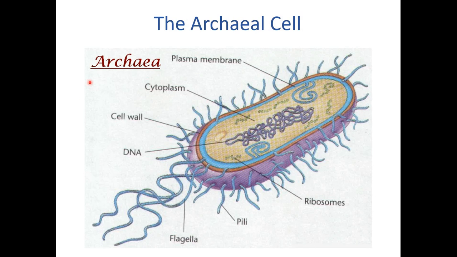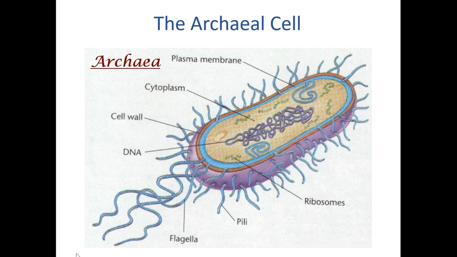When we look at the archaeal cell, they look quite a bit like bacteria, and this is why they were initially classified in the same kingdom as bacteria. They have the cell wall like bacteria. It's different from bacteria, but looks pretty similar. They can have flagella or pili like bacteria. Bacteria and archaea both have what's called the 70S ribosome.